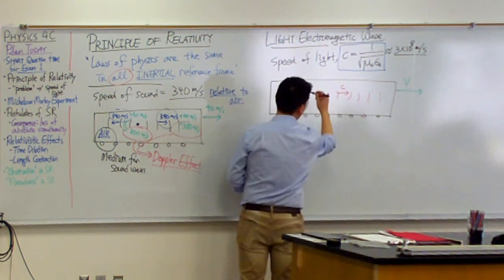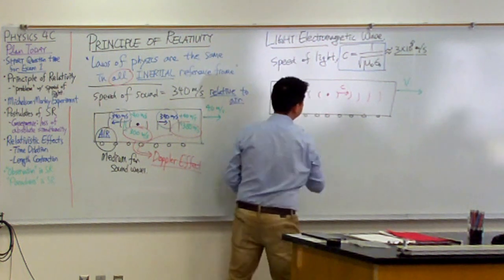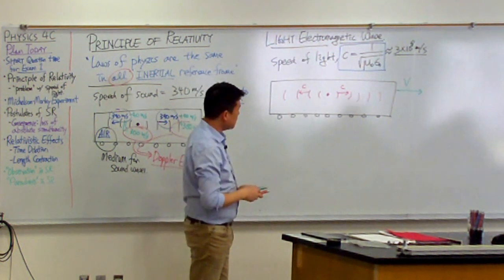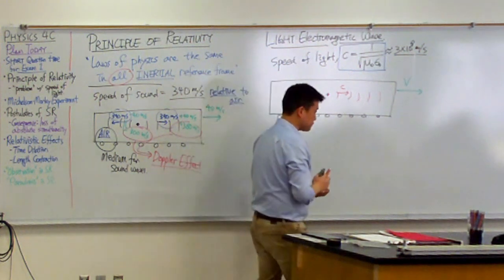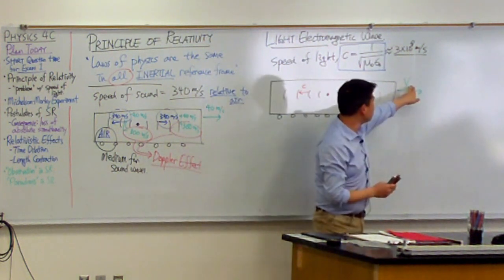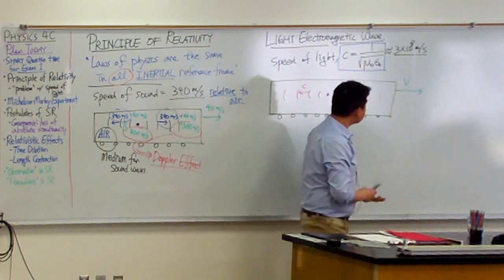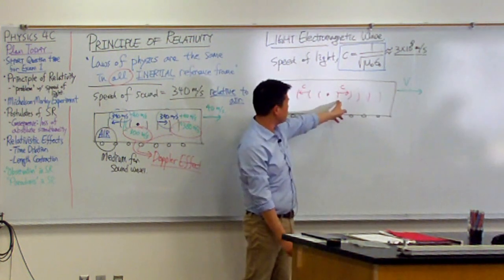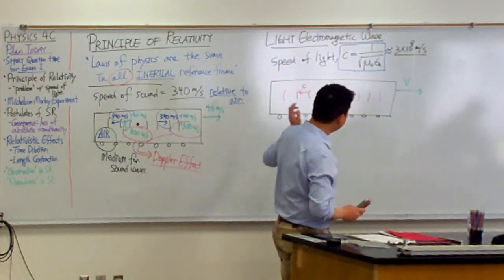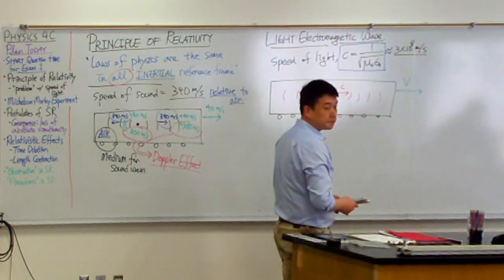Or here, it's moving at speed c also, right? So once the train starts moving at speed v, what does your intuition say about the speed of light here? So as you're looking at the light from out here, how fast should the light be moving?